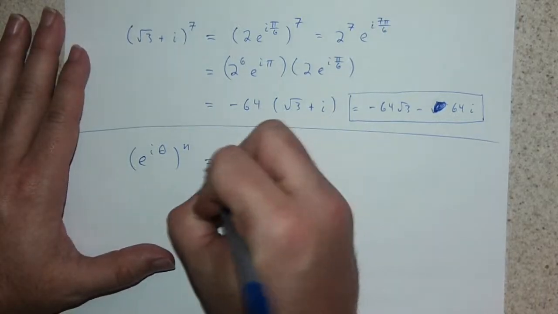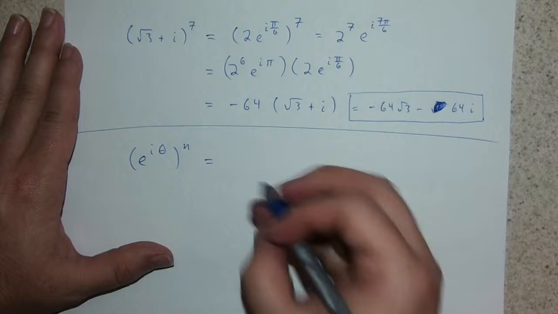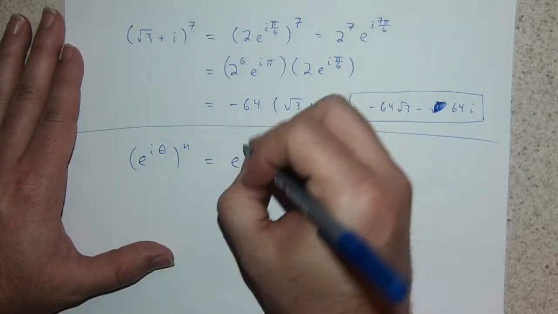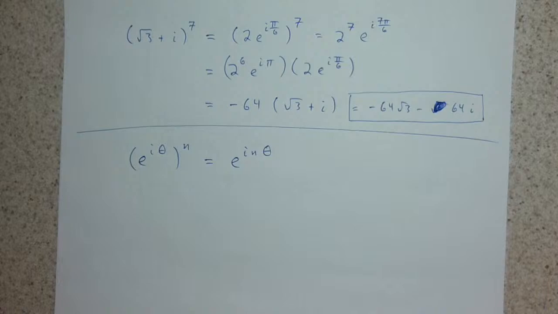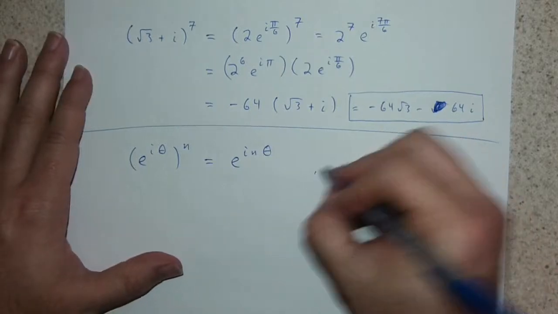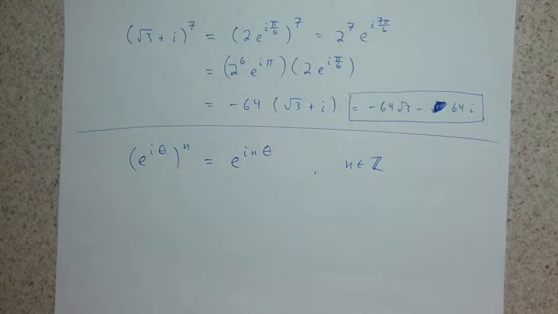Well, I can see that this behaves in exactly the way the exponential function usually behaves with respect to this. So this is e to the i n theta. And this is something that I can do for any integer power n here.